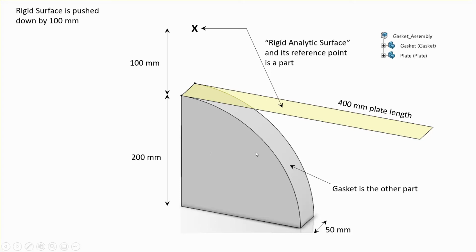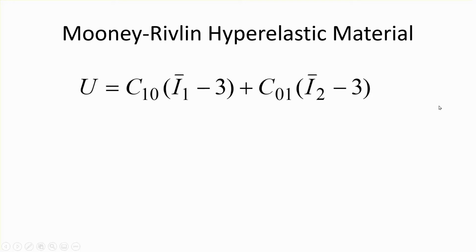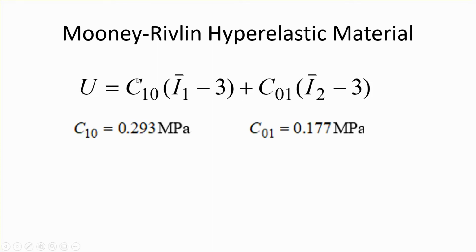Now, the material that the gasket is made of is nonlinear, and we're going to model it with a Mooney-Rivlin hyperelastic model, where the strain energy is given something like that. You don't have to worry about these things. All you need to know is what these values C10 and C01 are, which either you look up or you do testing and extract this information.